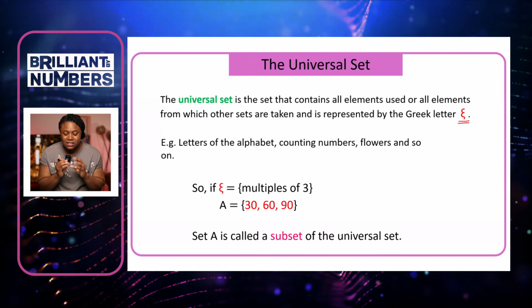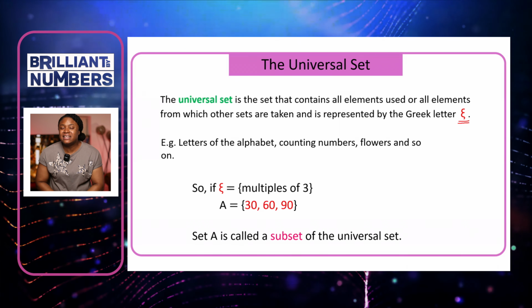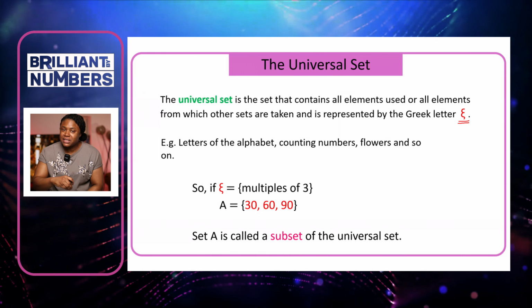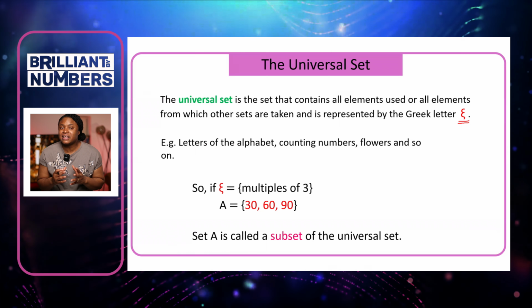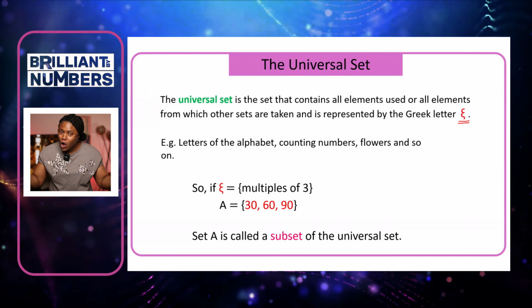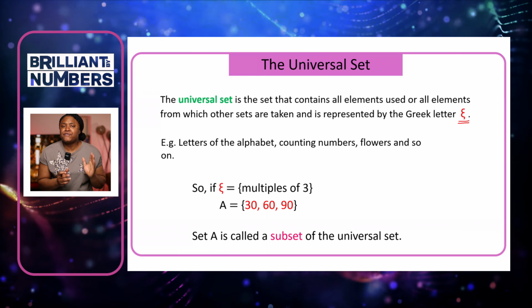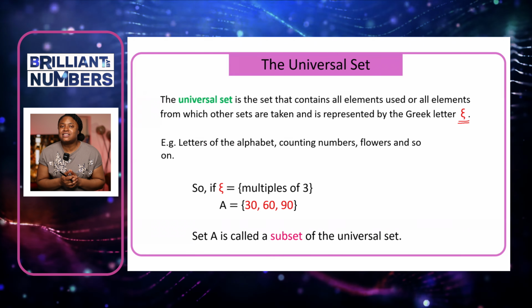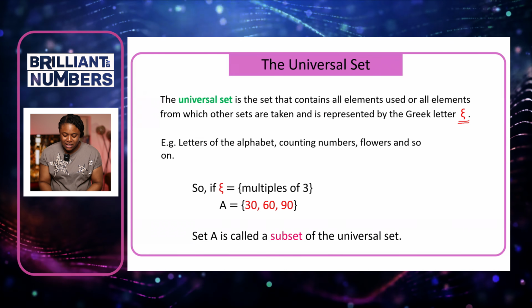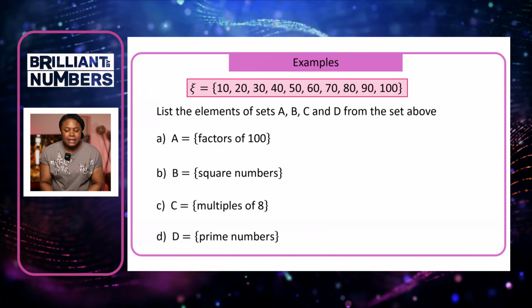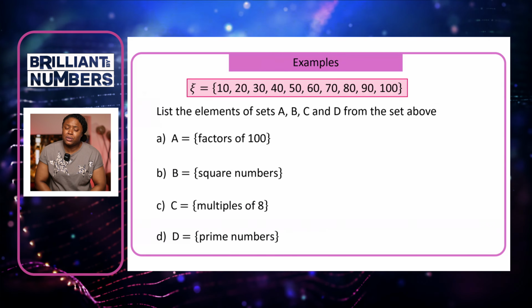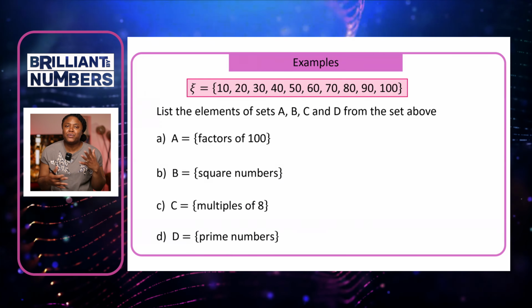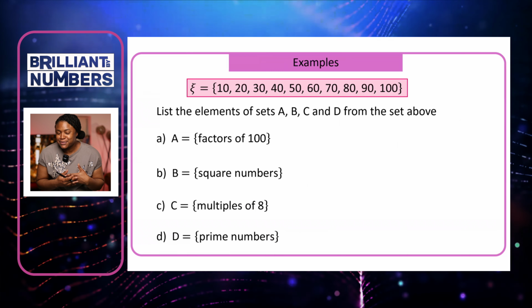So 30, 60, and 90 are a subset of the universal set, which represents all multiples of 3 from 3 all the way to infinity. Okay, so smaller sets. Now we're going to look at 2 sets of examples and then we're going to summarize.